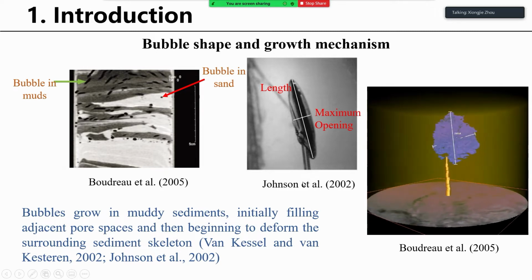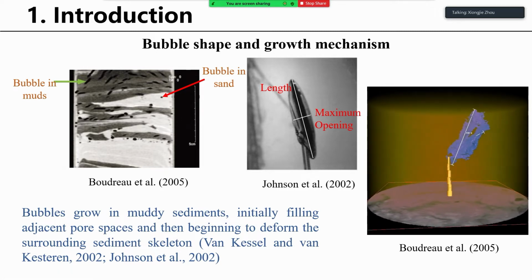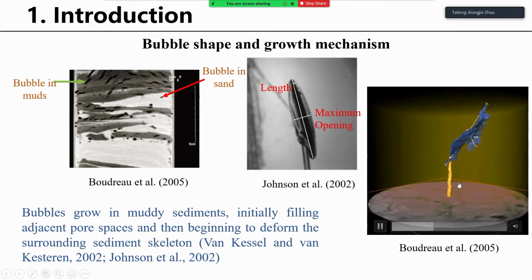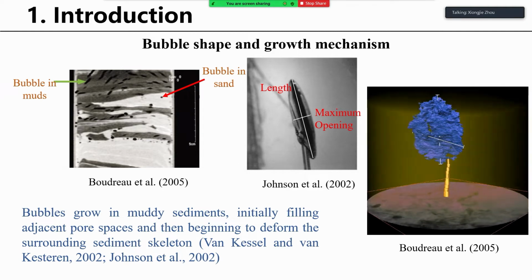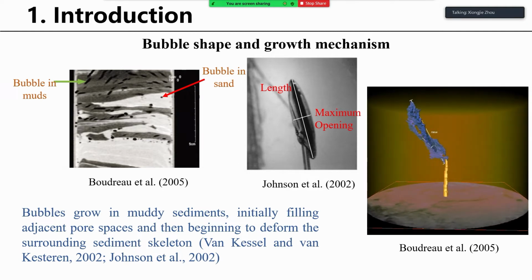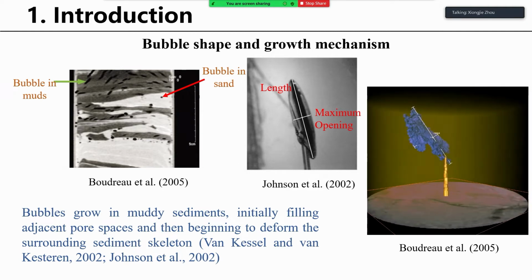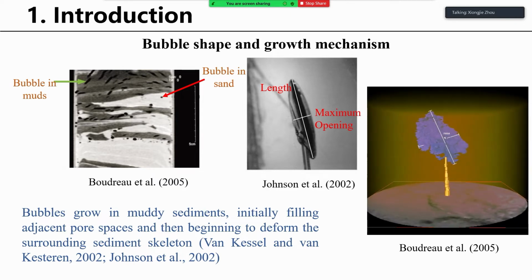Bubble injected into the core of mud. I played the movie. The yellow one is the core. This is the bubble injected. We can see from the movie approximately 7 centimeters in length and 6 centimeters in the perpendicular direction. The large bubble is generated in mud, and we can see a cornflake-shaped or disc-shaped large bubble, which is much larger than the grain size of this sediment.